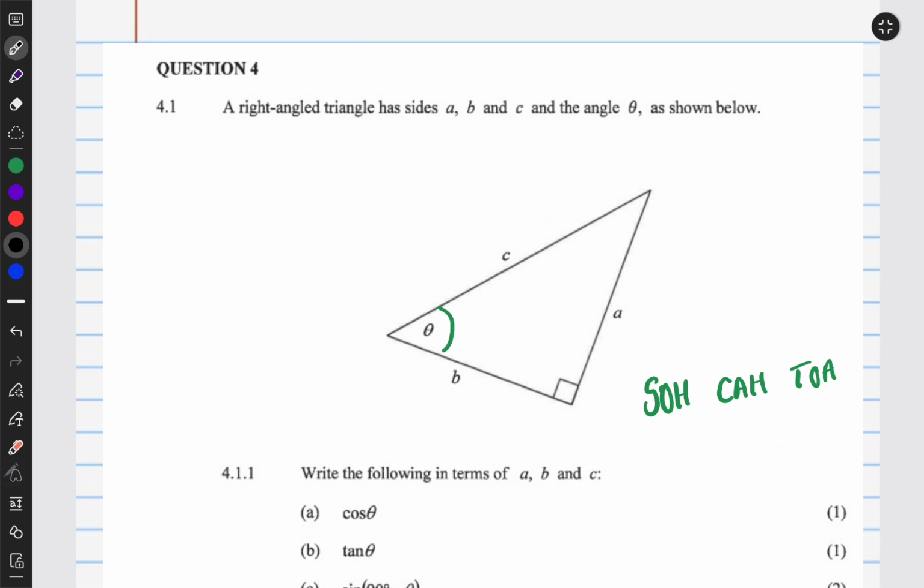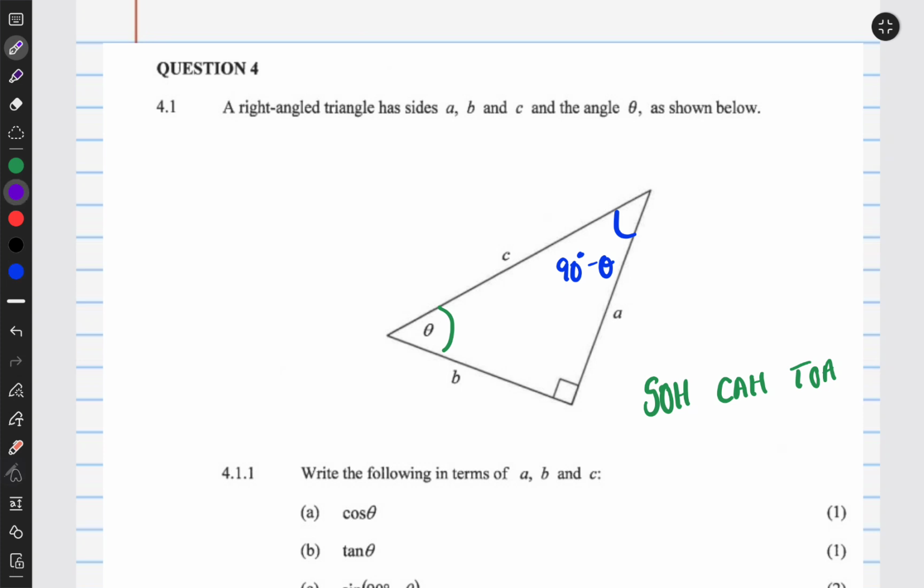So the other remaining angle will be 90 minus theta, and the reason is the sum of the angles in a triangle. That's the angle we are referring to when we say 90 minus theta.